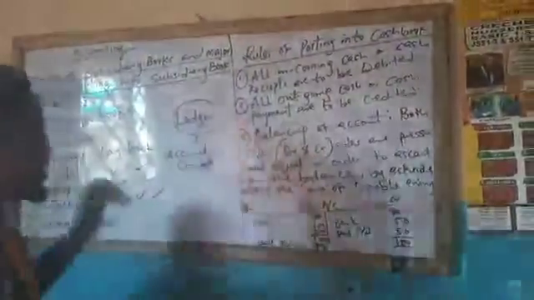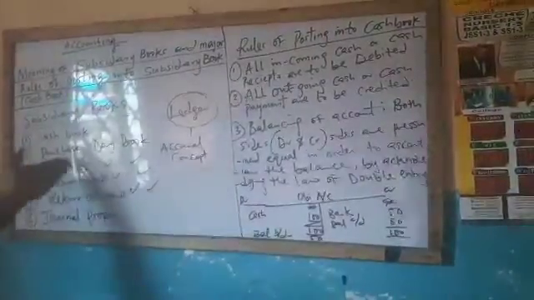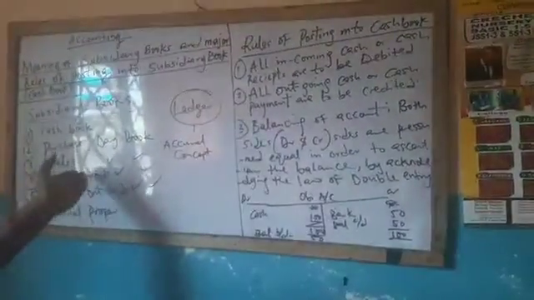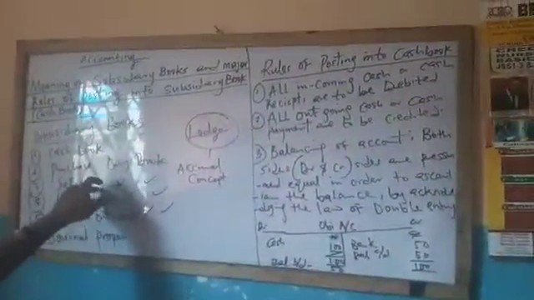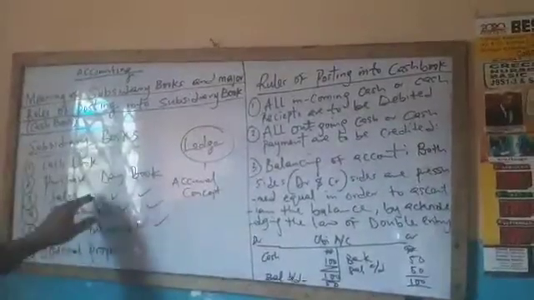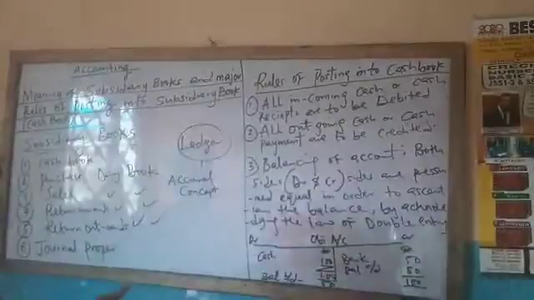Because of this, that is what gave rise to all these other subsidiary books. Purchases day book, this is where all goods bought on credit transactions are recorded. Sales day book, this is the subsidiary book where all credit sales or goods that are sold on credit are recorded.